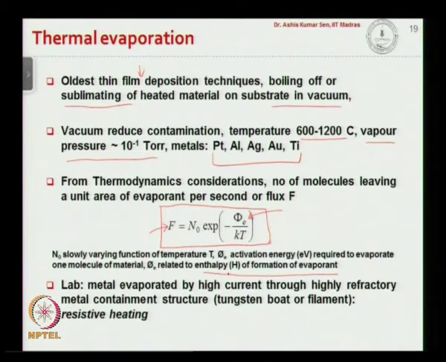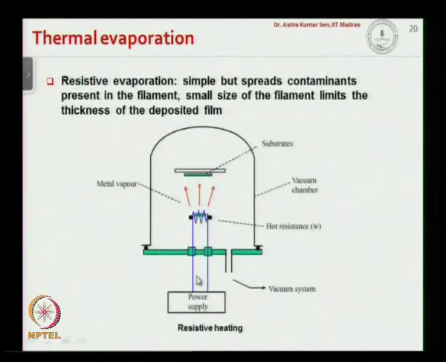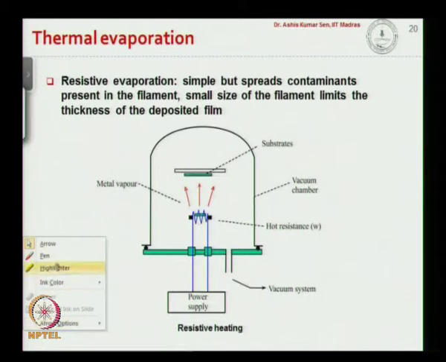Typically in labs, metal is evaporated by passing high current through a highly refractory metal containment structure, typically a tungsten boat or a filament, and this process is called resistive heating. As you see here, the metal that we want to evaporate will be present here, and you have a high resistance wire, and you apply a high voltage using a power supply, and when you do so, this metal will evaporate.